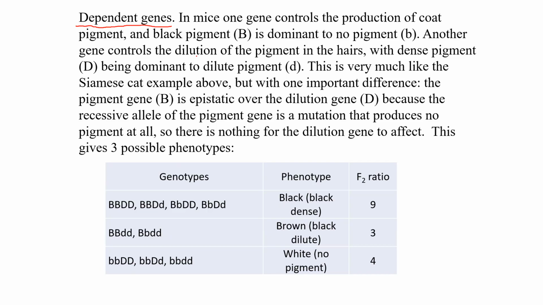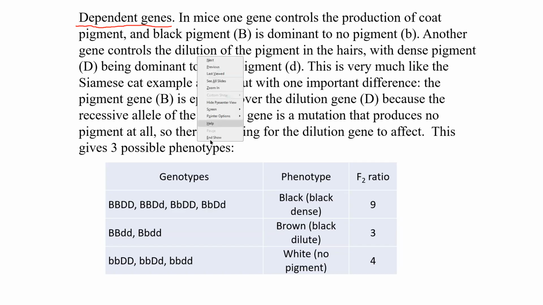So this is very much like Siamese cats. But one important difference is that the pigment gene is epistatic over the dilute gene, because the recessive allele of the pigment gene is a mutation that produces no pigment at all, so there's nothing for dilution to work on.